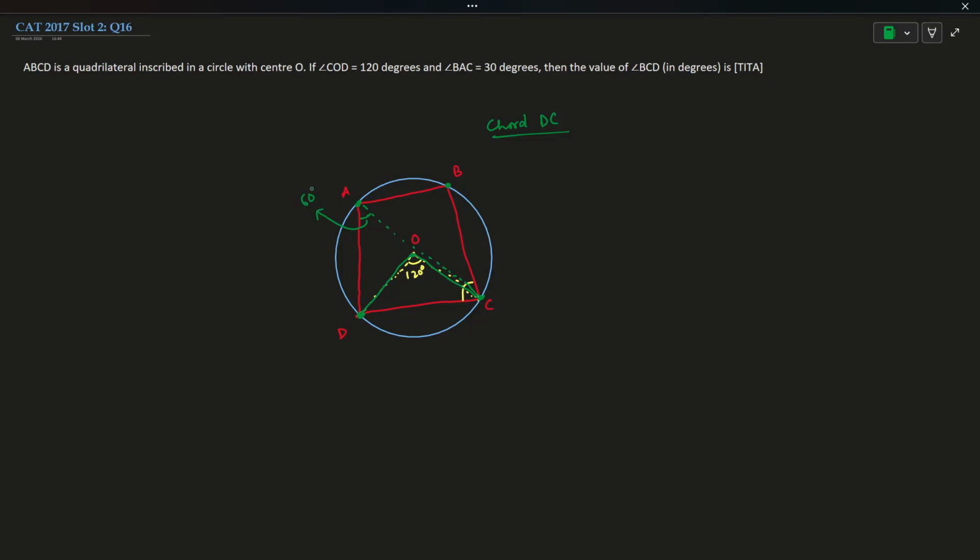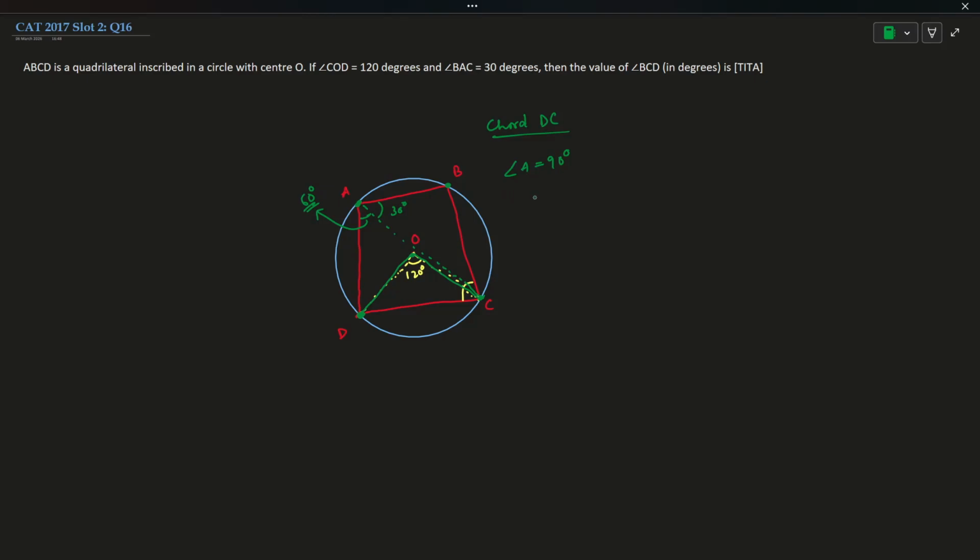By the properties of a circle, the same chord subtends an angle twice at the center, provided the angles are in the same segment. We are given that angle BAC is 30 degrees, and we have found this angle is 60 degrees. So angle A is 90 degrees.